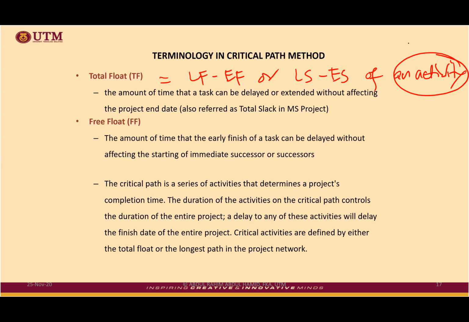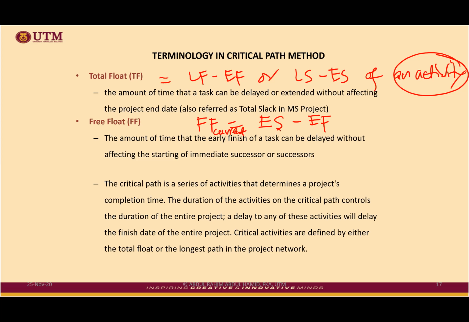Okay, but let's say free float, FF. The definition is early start minus early finish. But the FF is for the current activity. Current activity is the one that you want.